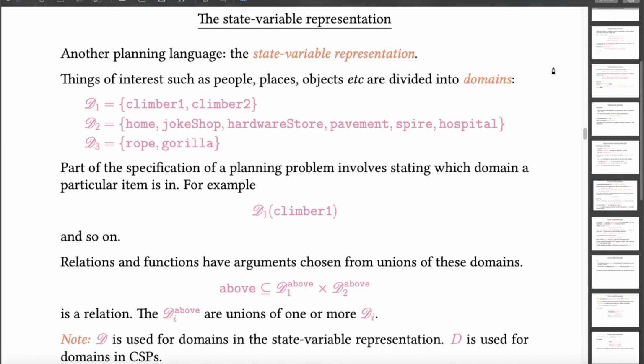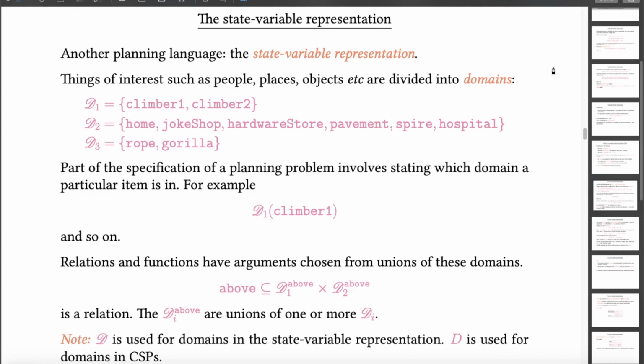Now, the domains that are associated with the state variable representation are just essentially used to organize objects. In fact, I suggest that the first time you look through this bunch of slides and try and think about this representation, you don't worry too much about what the domains are and what they mean.